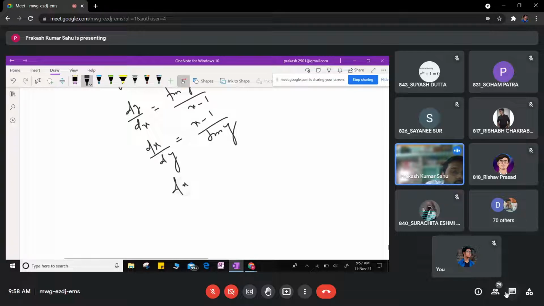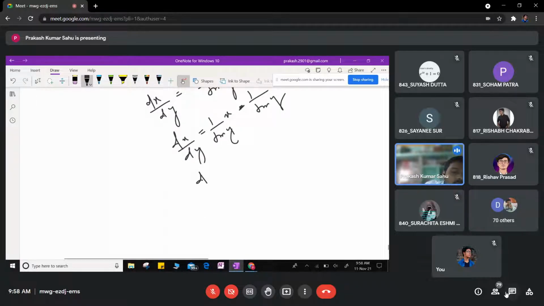How? This is dx by dy is equal to 1 by tan y into x minus 1 by tan y. And you can see this is dx by dy minus 1 by tan y into x is equal to minus 1 by tan y.